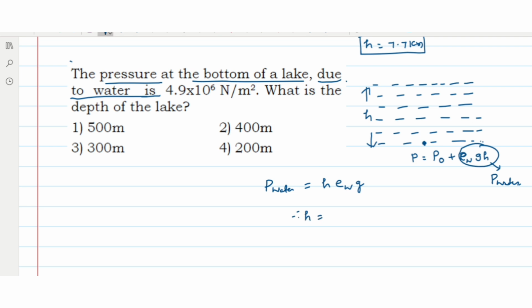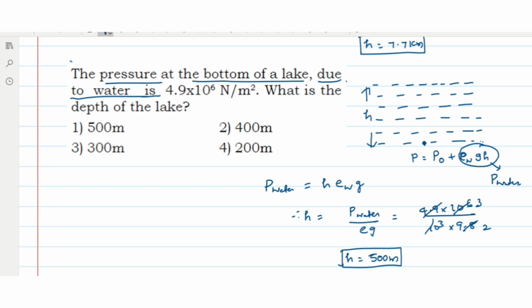Therefore h equals the pressure due to the water divided by rho into g, which is 4.9 into 10 power 6 divided by 10 power 3 into 9.8, and here 2 times. The 10 power 3 gets cancelled, giving 1000 by 2. Therefore the h value is 500 meters. So this is the correct answer.